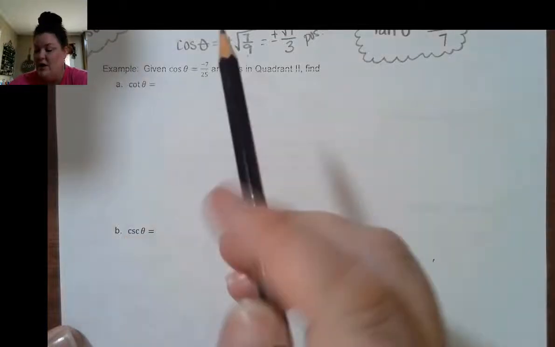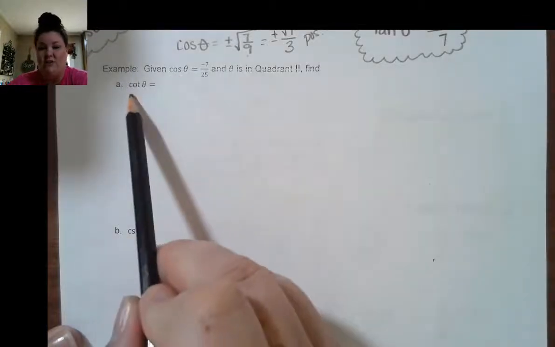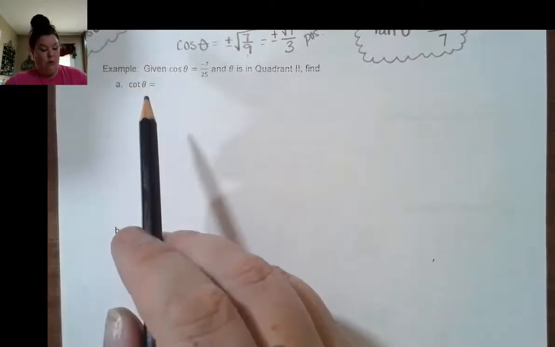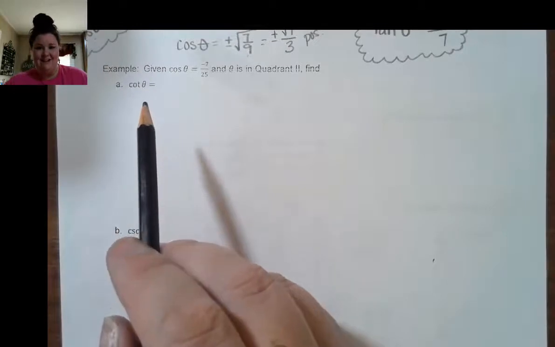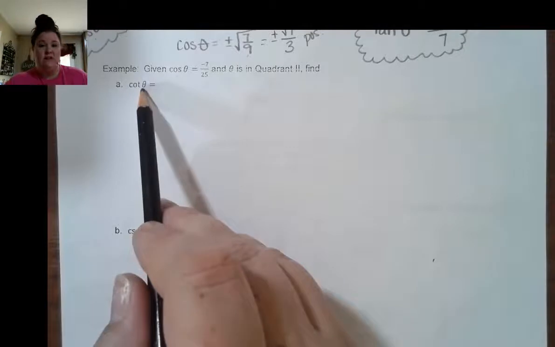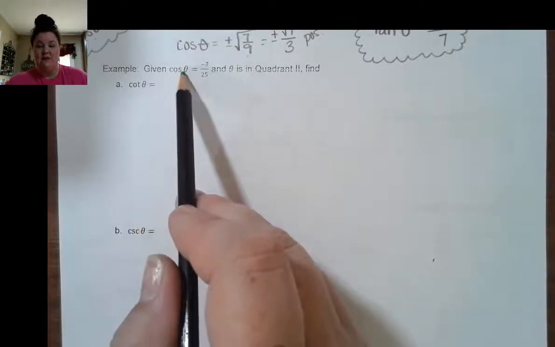So cosine and cotangent, we have the identity of 1 plus tan squared, right? And we could use tan and cotangent's relationship. We could use secant and cosecant or cosine's relationship.